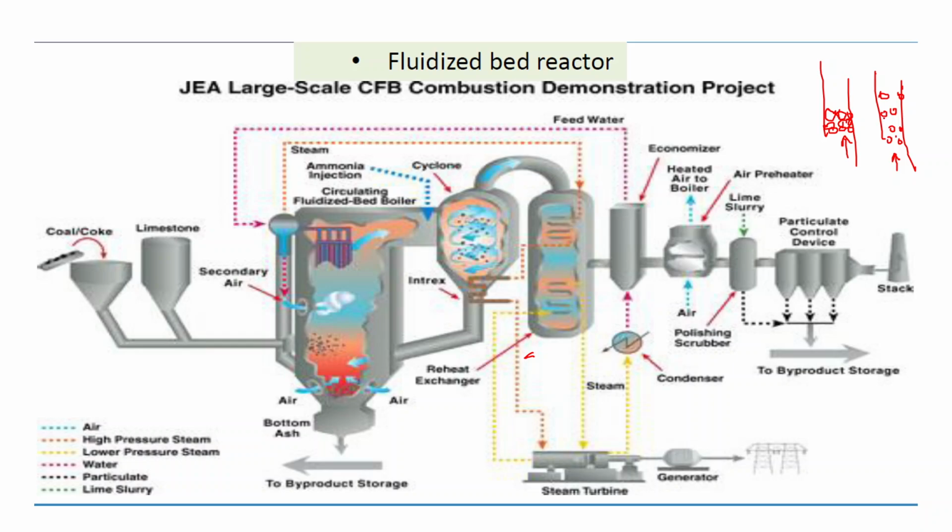Due to the uniform suspension, the contact between the gas and the fine coal particles is very good, and the heat transfer coefficient is also very good. That's why combustion here is better than in the fixed bed reactor.